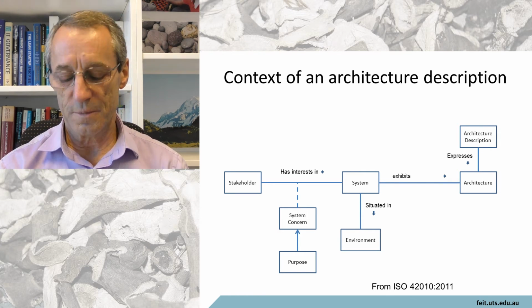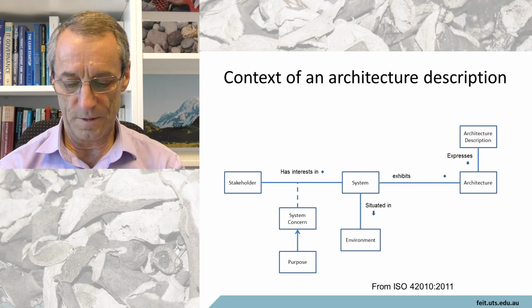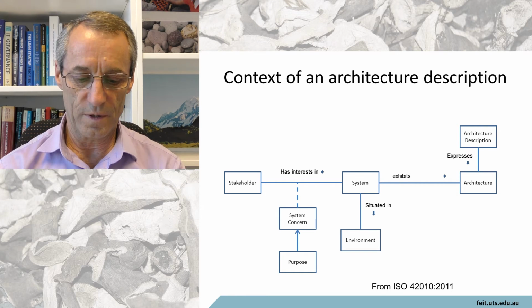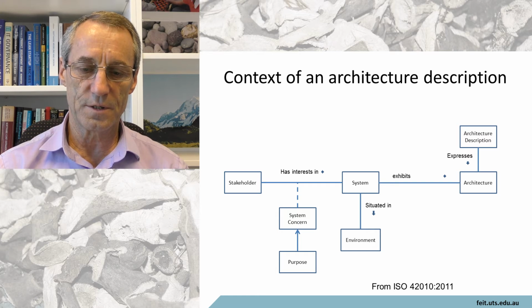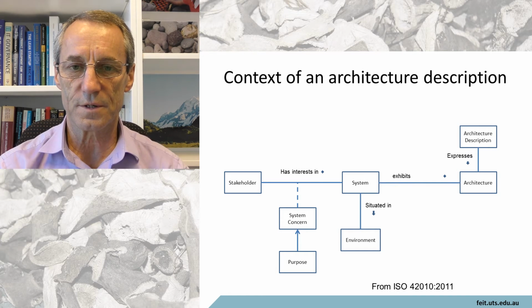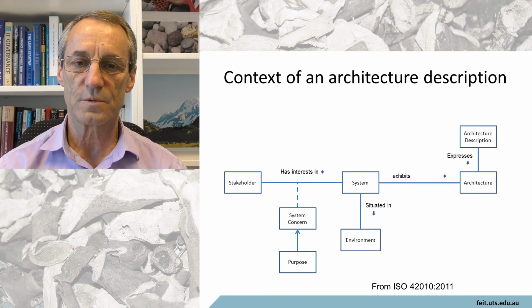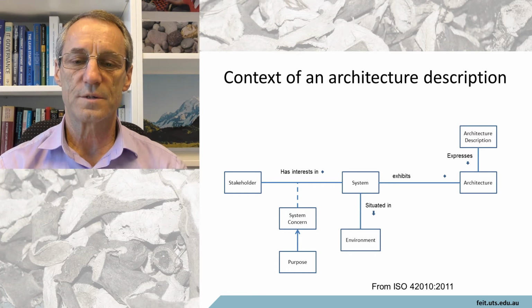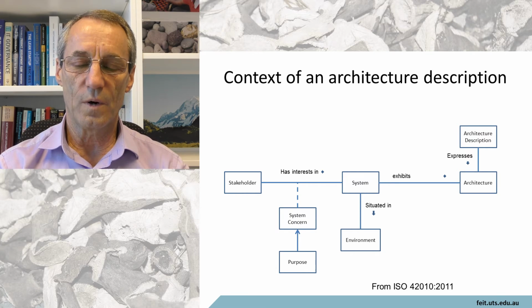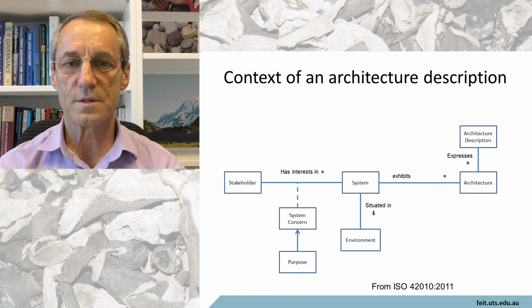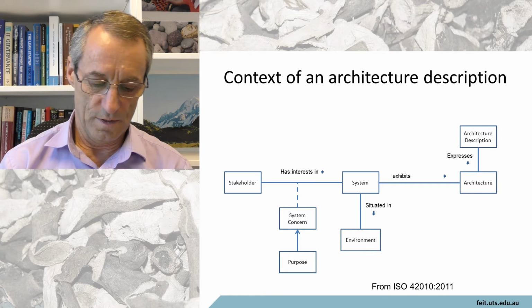Now, that's pretty much the same as this, where the architecture is an architecture in a context, and it's necessary that the documentation records that context so that people do understand why the architecture is the way it is. It is the way it is because it's suited to that context.